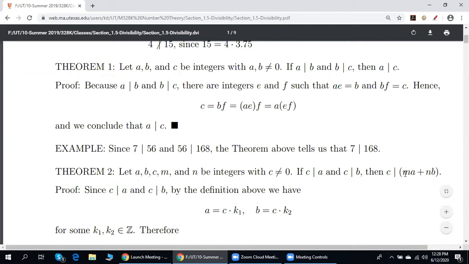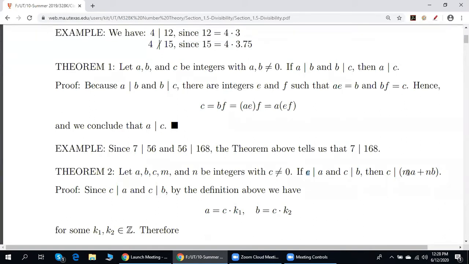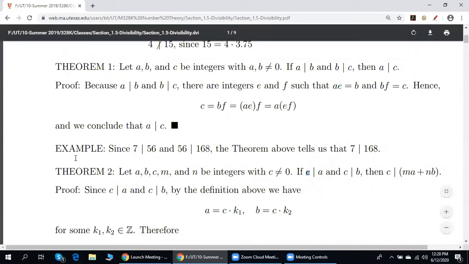Or, if we put M equal to 1 and N equal to -1, this becomes A minus B. Conclusion: if C divides A and C divides B, C divides A minus B. So these are two particular cases of this general theorem.